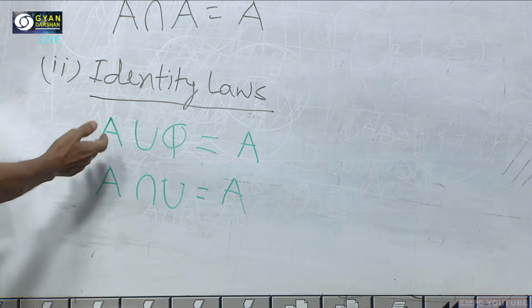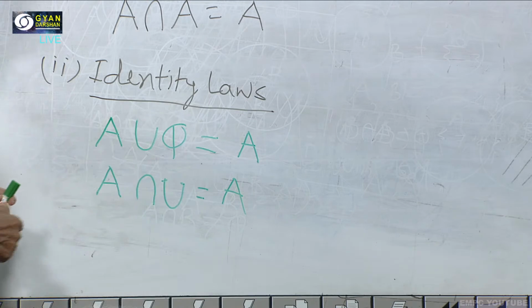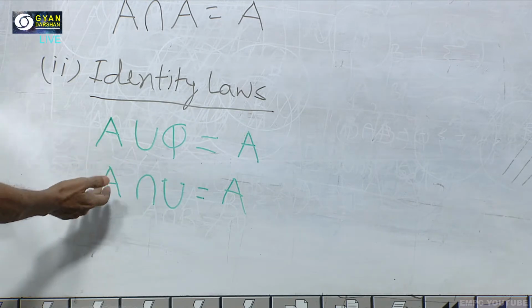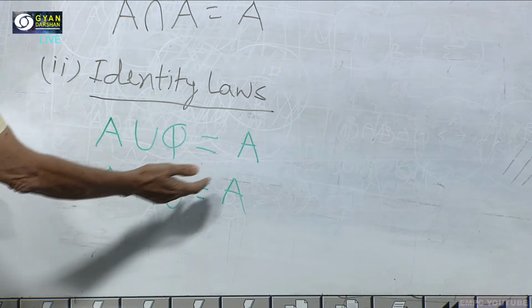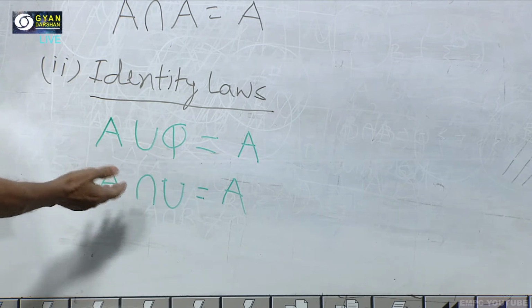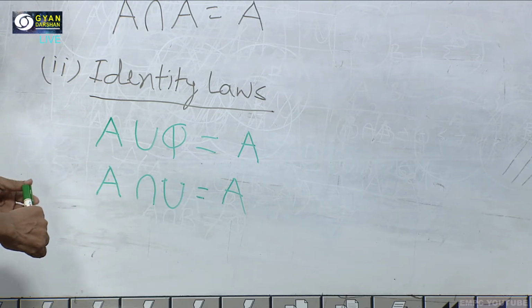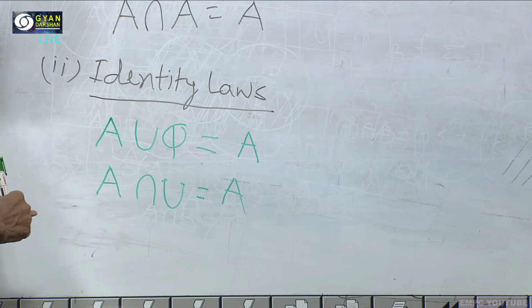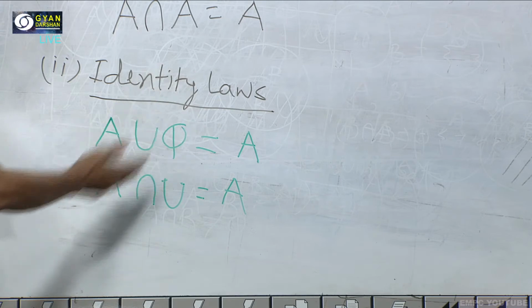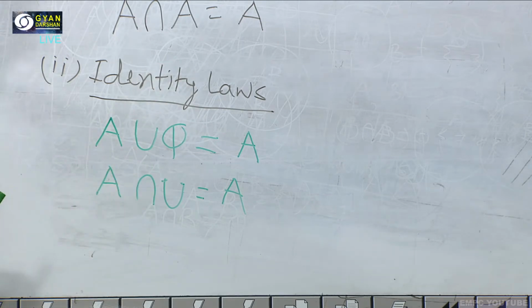So, anything plus 0 is equal to the same thing, and again x multiplied by 1 will be equal to x. Intersection is not equivalent to multiplication, but to understand the identity laws in set theory it is like this.